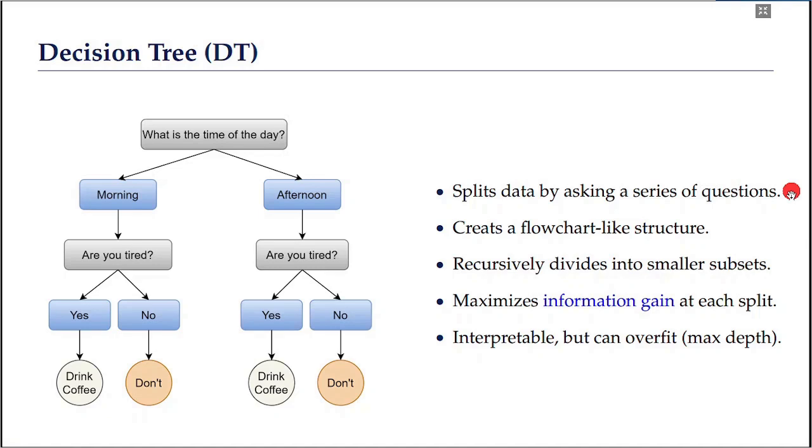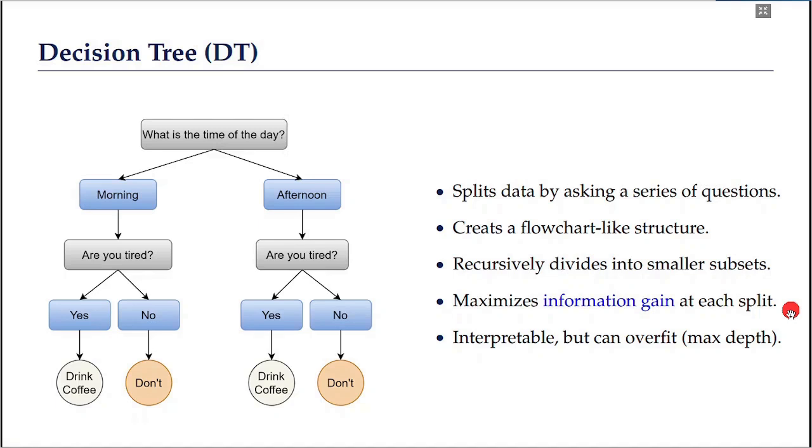At each split, the objective is to maximize the information gain or decrease the entropy. It's usually interpretable, but as the depth gets larger, a decision tree could have the problem of overfitting, so the depth should be determined appropriately.